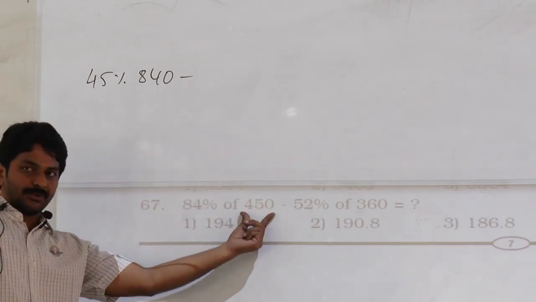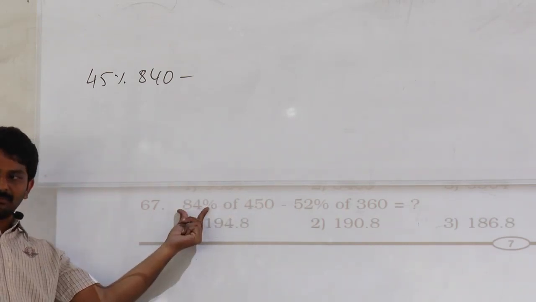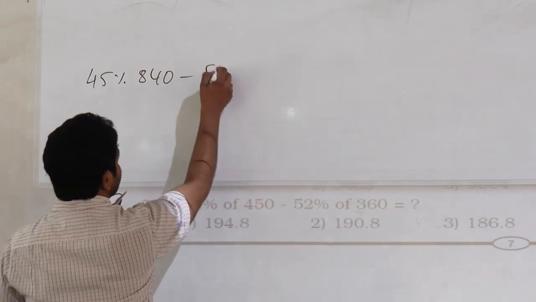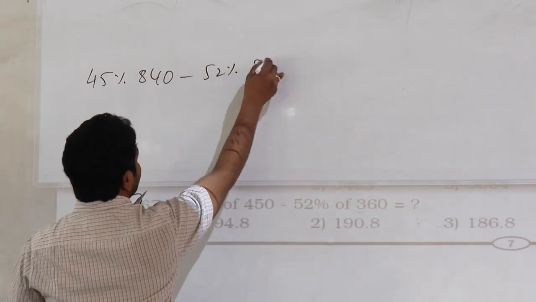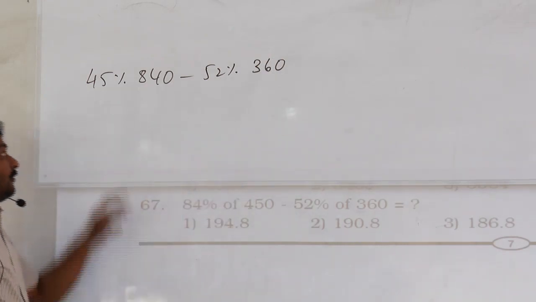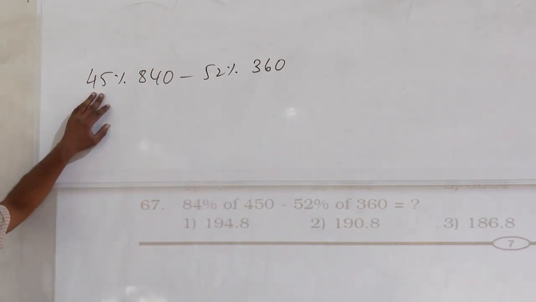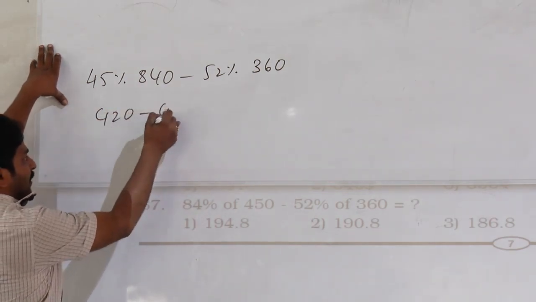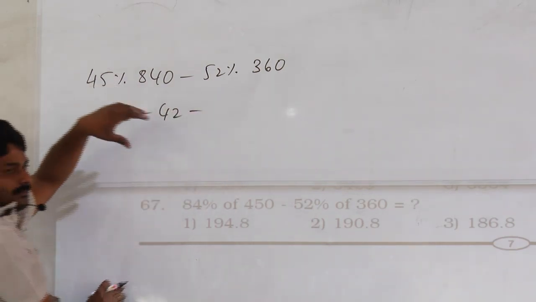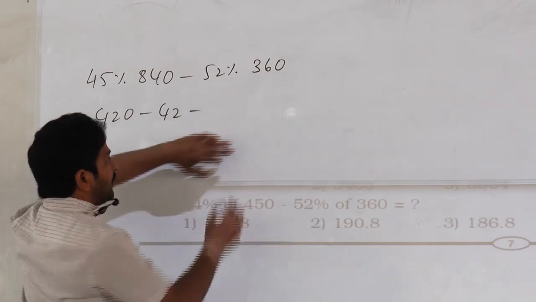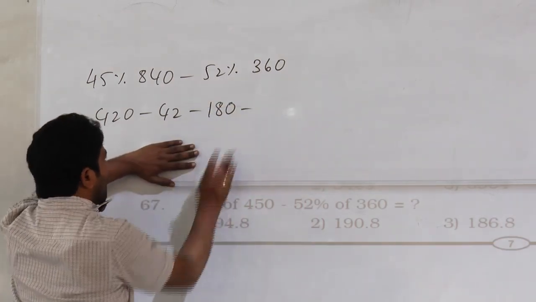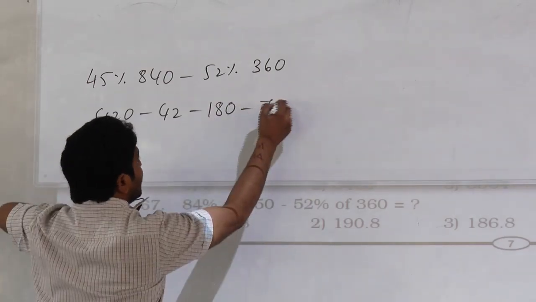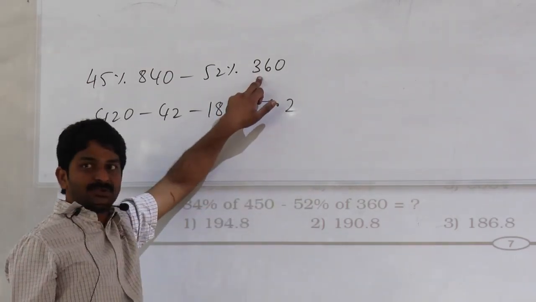We can treat this as 45% of 840 minus 52% of 360. 45% is 50% minus 5%. 50% is 420, 5% is 42, minus 50% of 360, which is 180, minus 7.2. 1% is 3.6, 2% is 7.2.